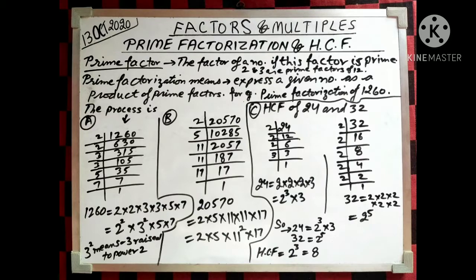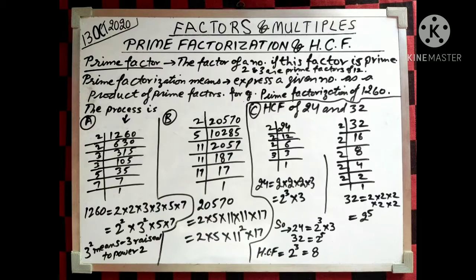So how to find the HCF by prime factorization? Just look on the board and focus on the first example. The number is 1260. So we write it as shown. The first prime number is 2. We divide 1260 by 2 and we get 630.